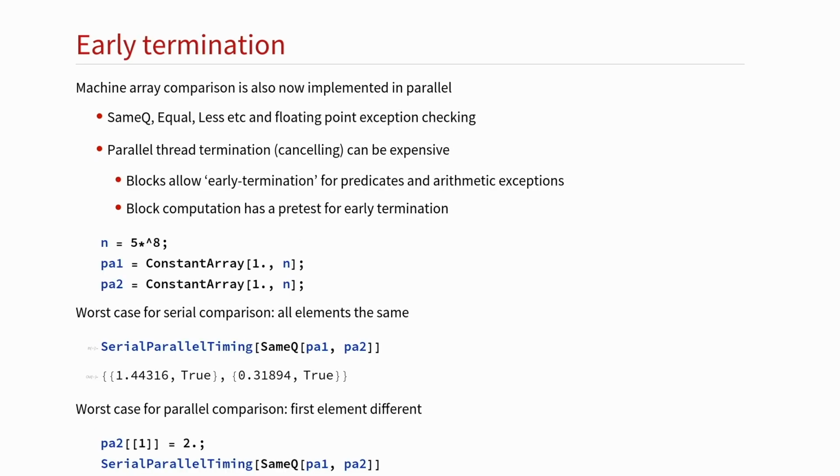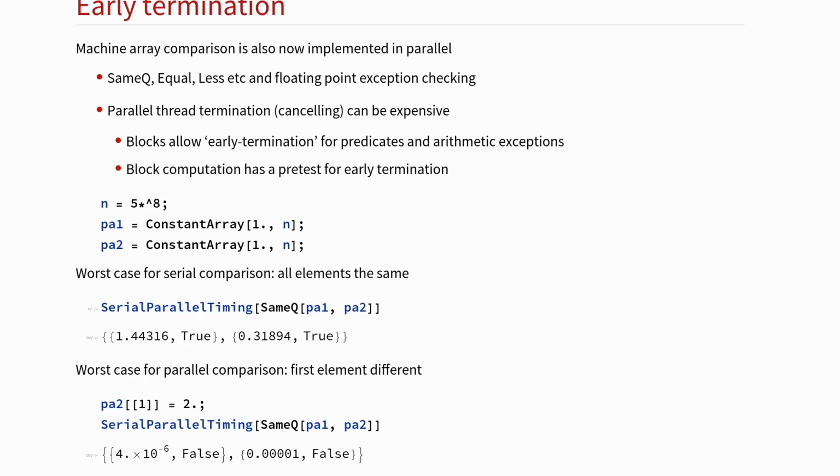The other thing that we have is that comparison of packed arrays or numeric arrays now works in parallel too. So things like SameQ or Equal, if you're comparing very large arrays of machine numbers, work in parallel as well. Here's an example of SameQ with 2 packed arrays which are the same, and you can see it working more efficiently in parallel.